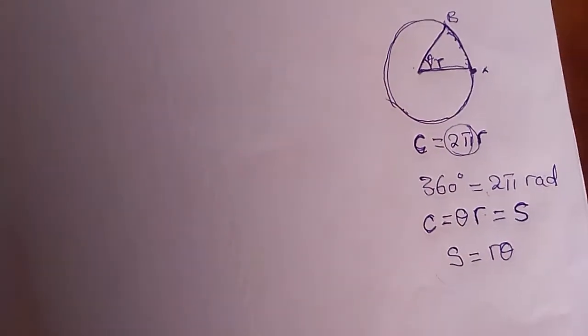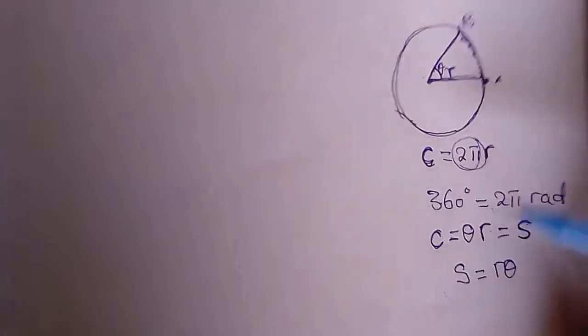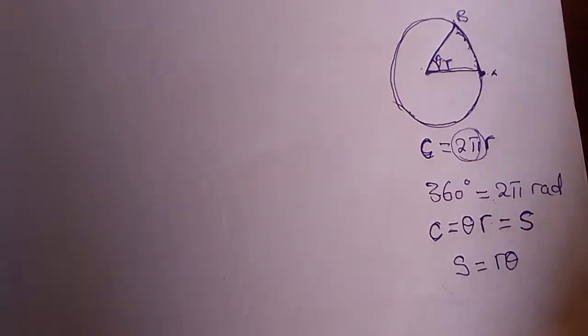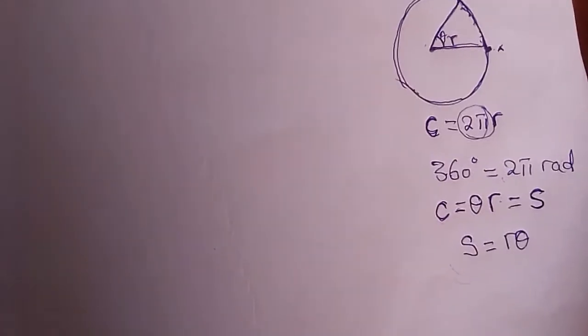In a case that I'm missing any one of them, let's take, for instance, I've been given the distance that it has covered from point A to B, and I also have the radius of this circle, but I do not have the angle. How do I go about it? It's easy.